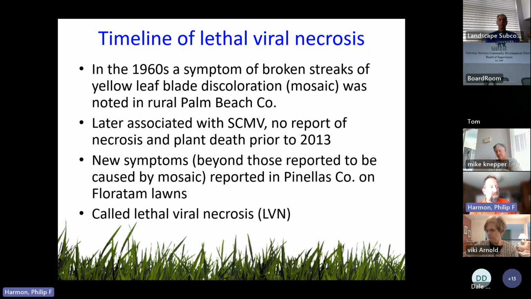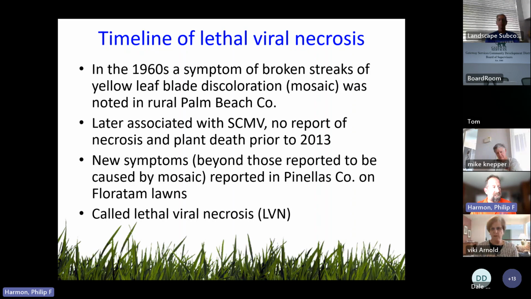In 2013, mosaic disease again reemerged and this time developed a more severe symptom in the fall, cooler temperature period of the year, 2013, 14, and now to this day. The more severe symptoms that occur, we'll show pictures of it, result not just in a yellowing that's very faint and difficult to detect, but in death of turfgrass, thinning of turfgrass to the point where lawns become unsightly.